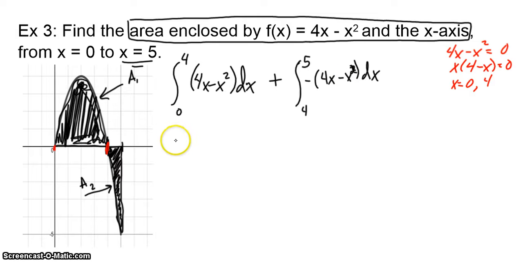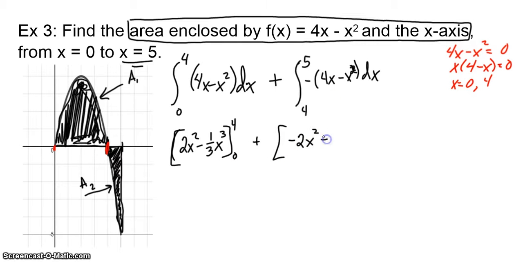So 2x squared minus 1/3 x cubed from 0 to 4, plus, now again, this is going to be a negative 2x squared and a positive 1/3 x cubed from 4 to 5.